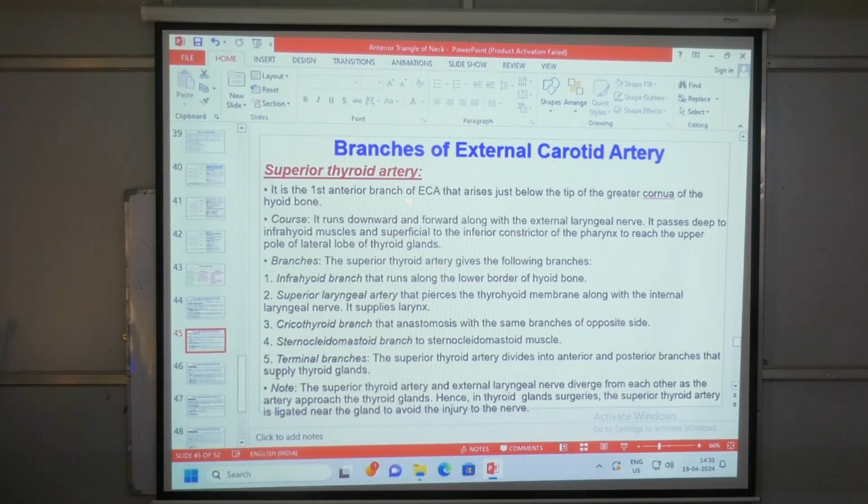First anterior branch of external carotid that arises just below the tip of the greater cornu of the hyoid bone. What is the course? It runs downward and forward along with the external laryngeal nerve, and it passes deep to the infrahyoid muscles and superficial to the inferior constrictor of the pharynx to reach the upper pole of the lateral lobe of the thyroid gland.